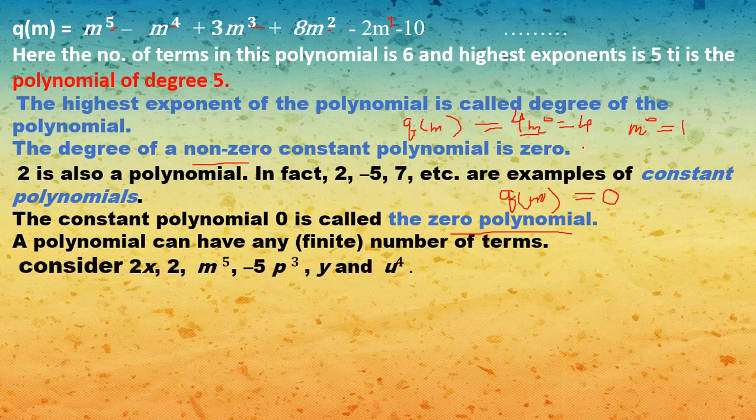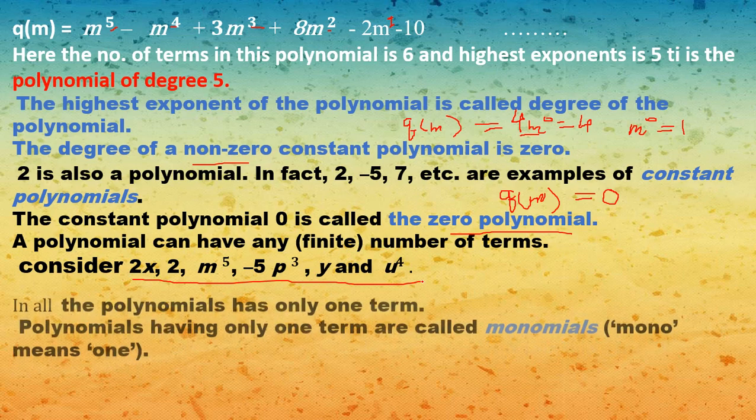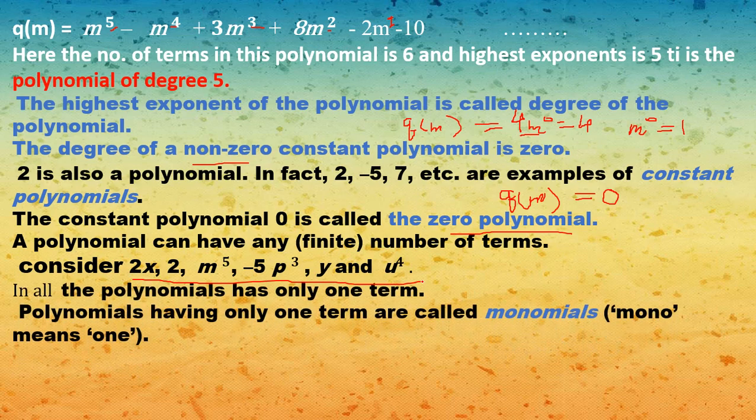Now let us take 2x^5 minus 5pq. What are you observing in this example? Yes, here we observe that only one term is there.